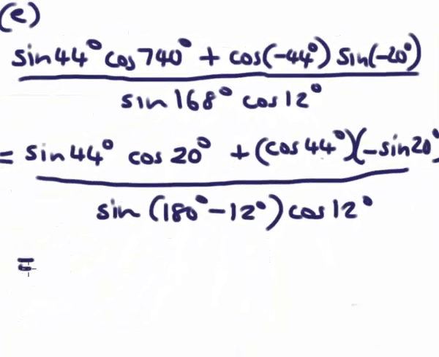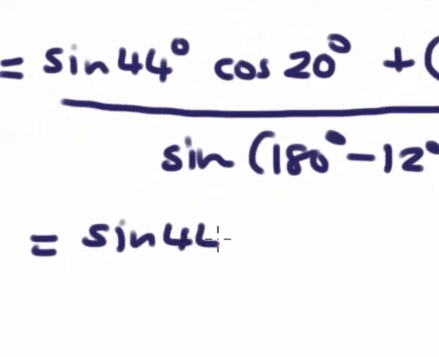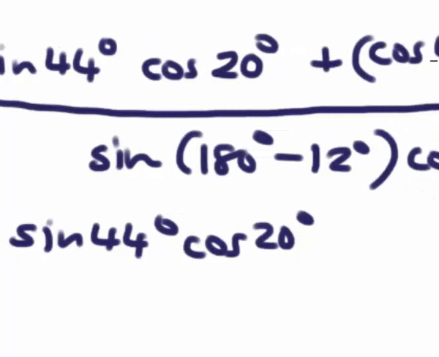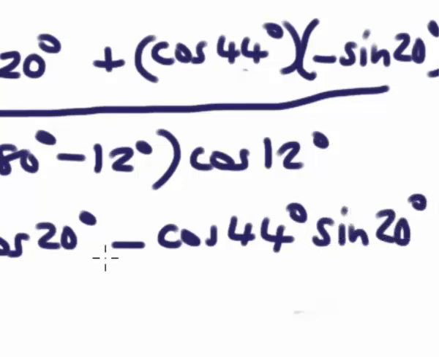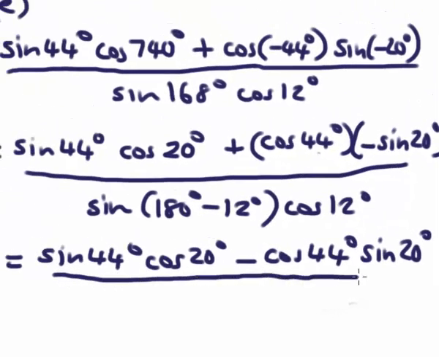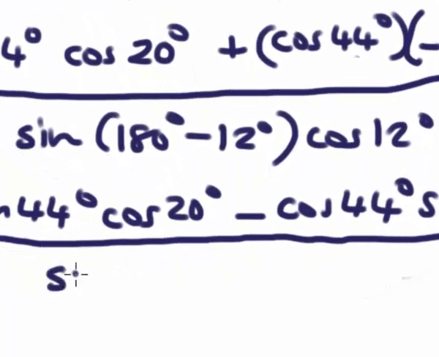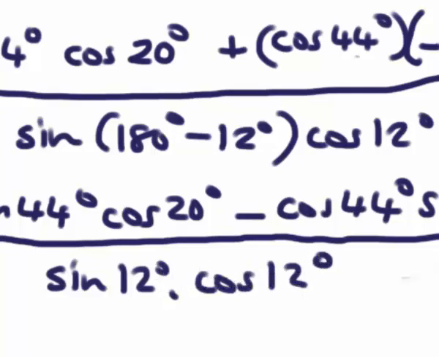So that equals the sine of 44, cos of 20, which looks like a compound angle. Plus times a minus is a minus, the cos of 44 and the sine of 20. This is wonderful. Sine 168 is the second quadrant, so sine reduces to sine 12 positive, and then we have the cos of 12.